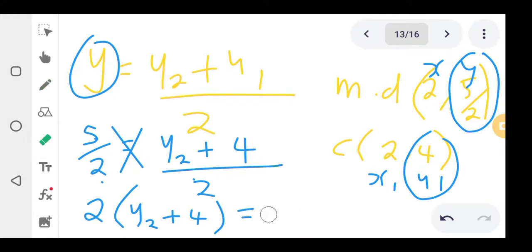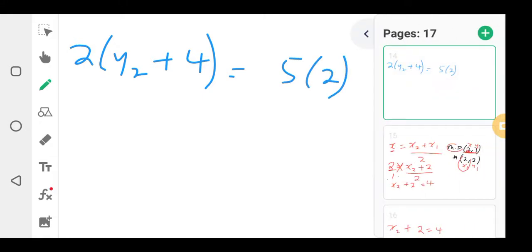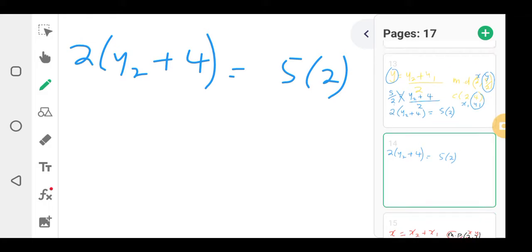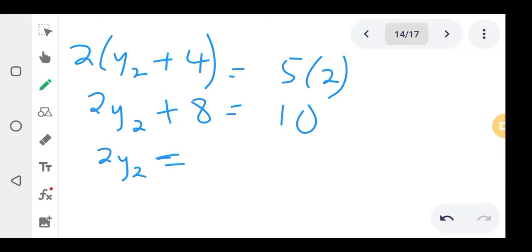Or if you don't want to put 10, you can put 5 times 2, so you don't get confused. So 2 times y2 plus 2 times 4 is 8. That is 10. So 2y2 plus 8 is equal to 10.